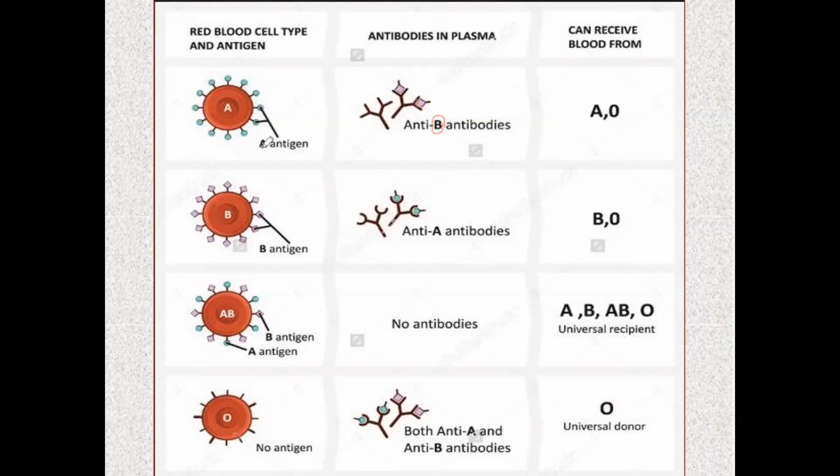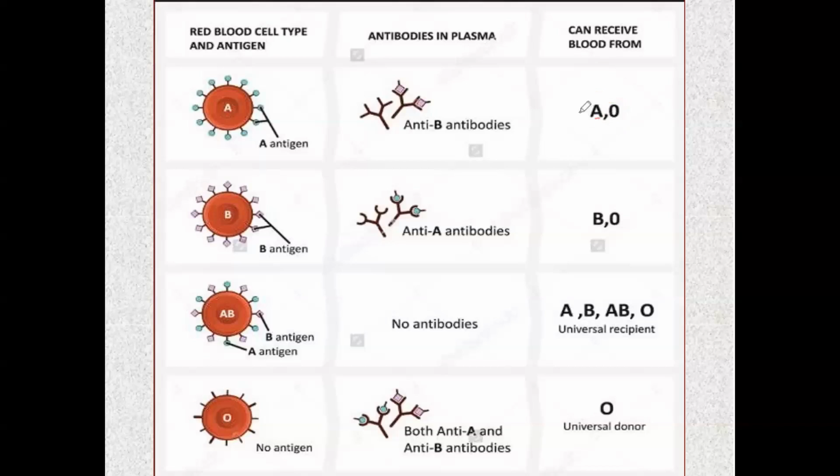Okay? So, since ang antigen na meron ka is A, may anti-B ka. Okay? Again, you form antibodies to the antigens that you lack. Nagpo-form ka ng antibodies doon sa mga antigen na wala ka. Okay? So, that's why ang pwede mong ma-receive na blood is from A, okay, blood type A donor, and O. Bakit A?